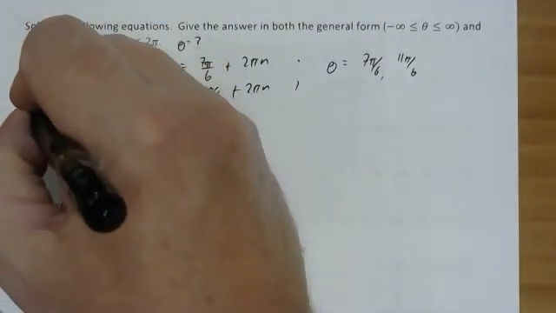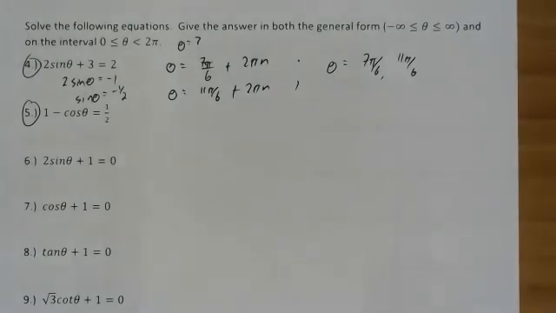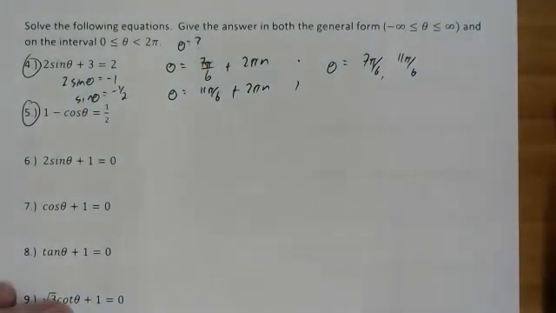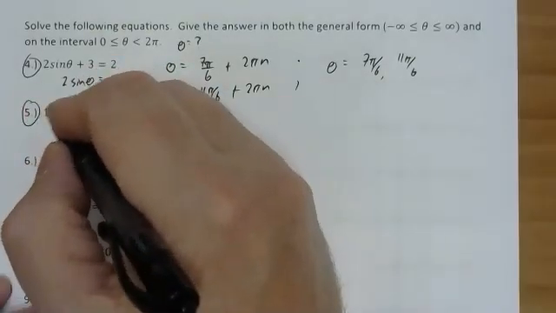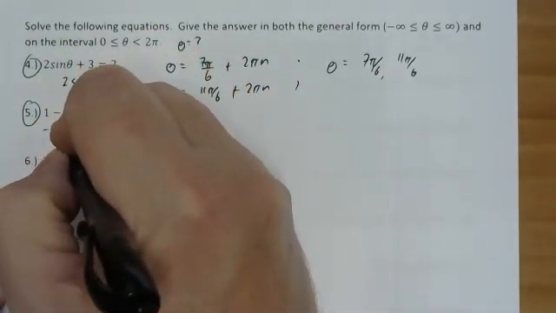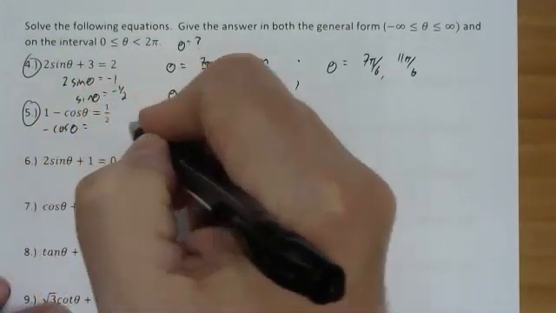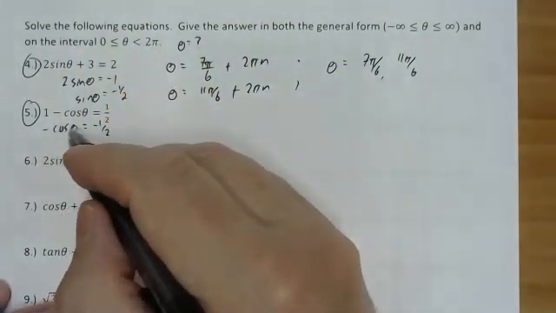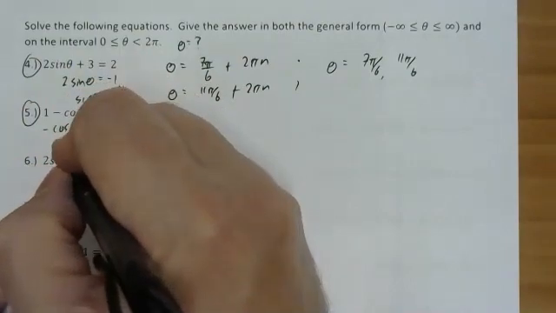So that was 4. Let's do 5. Same idea. When I get the cosine by itself, let's go and subtract 1 from both sides. Let's multiply both sides by -1.